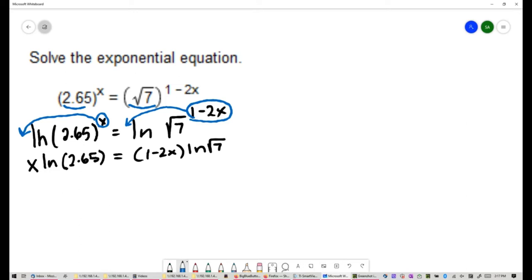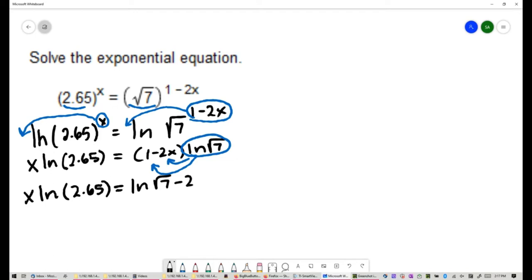And then on the right-hand side, we're going to use the distributive property and distribute this natural log square root of 7 to both terms. I'm leaving the left-hand side alone. Distributive property on the right-hand side gives natural log square root of 7 minus 2x natural log square root of 7.